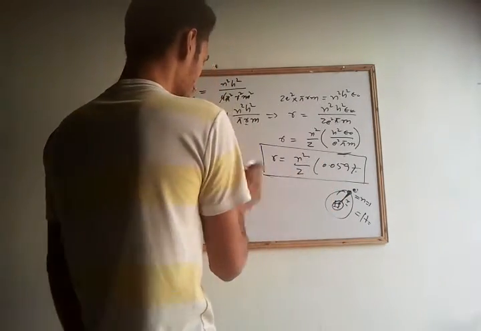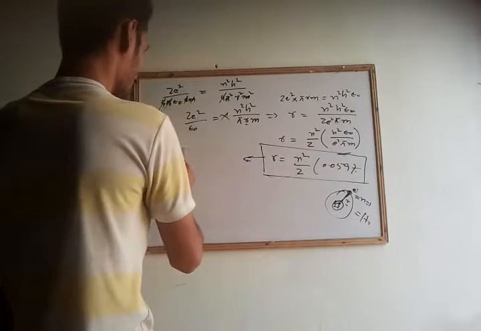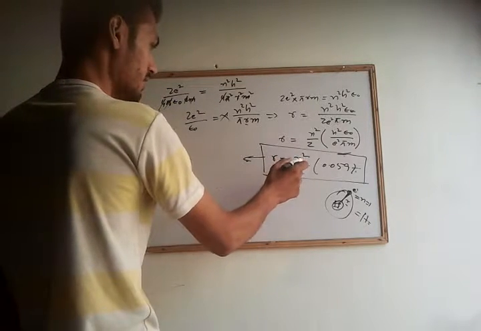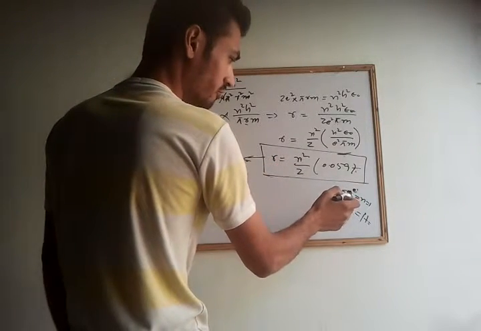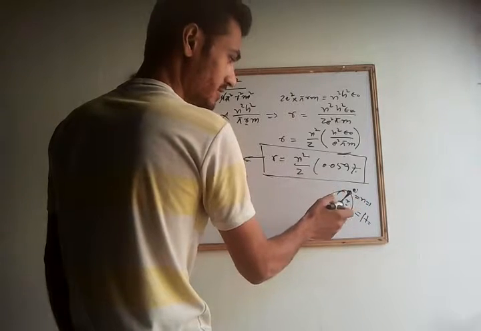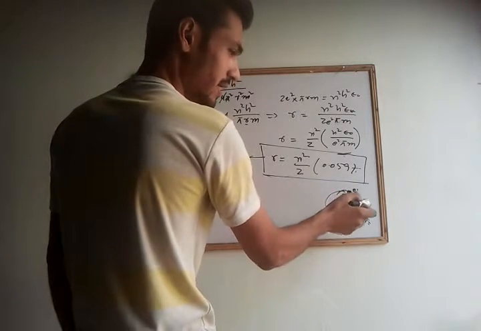Next, we want to determine the first shell atomic radius, so here n is equal to 1.